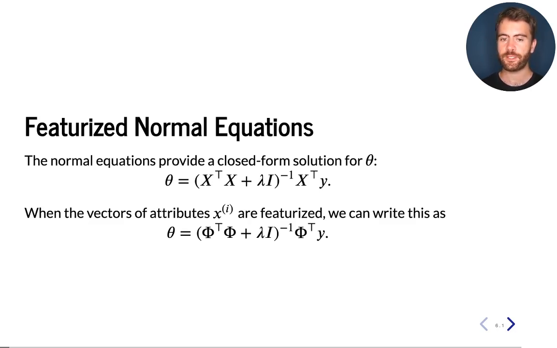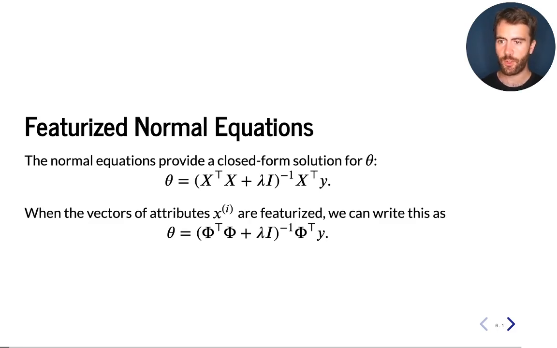And given that our inputs are featurized, we can do the same thing except for the featurized matrix. So in other words, I alluded to earlier that if our inputs are described by some kind of highly nonlinear features, we can solve them in the same way as we would solve a linear model, as long as it's linear in theta.